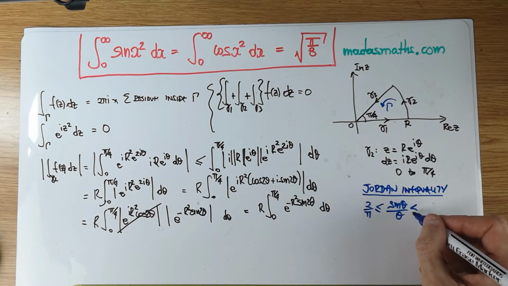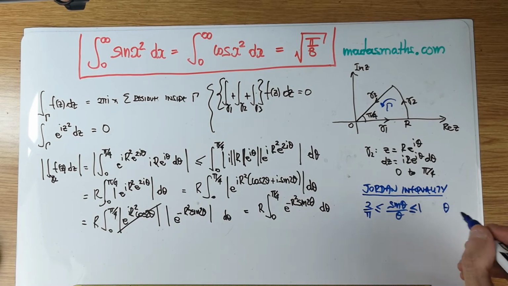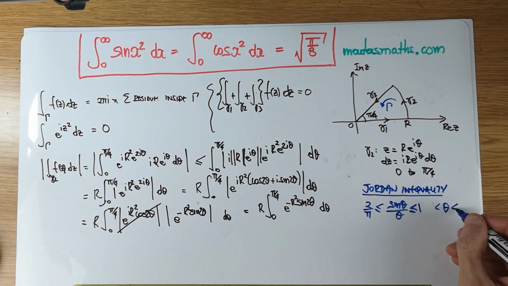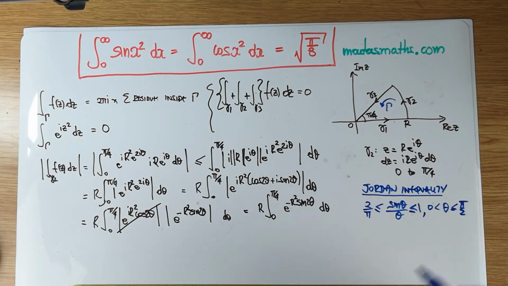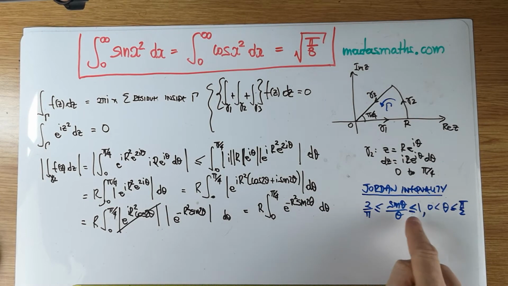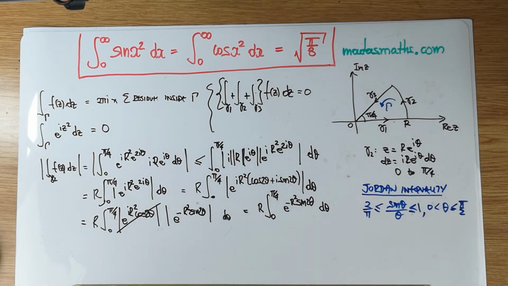Let me just write it first of all. It says if theta is between 0 and pi over 2, for acute angles if you want, then this particular inequality, this is two inequalities combined into one, is actually true.